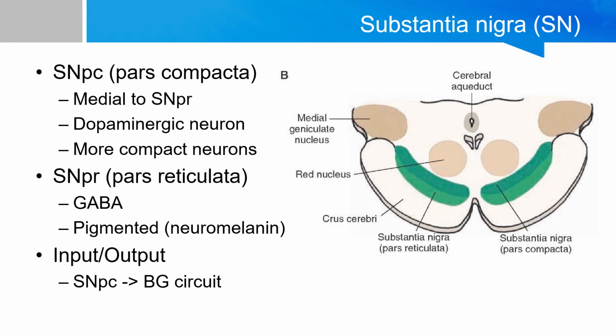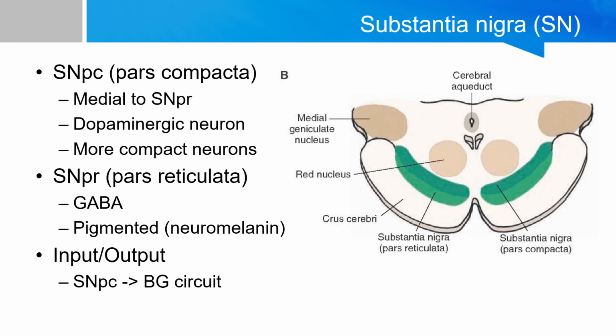The pars compacta is more medial and more on the inside than the pars reticulata. And the pars compacta is named so because it's got more compact neurons than the pars reticulata. But the pars compacta cells are pigmented, and the pigment is created by neuromelanin.